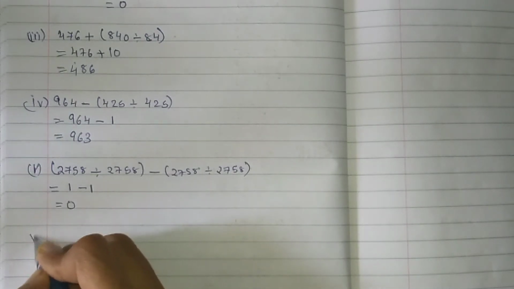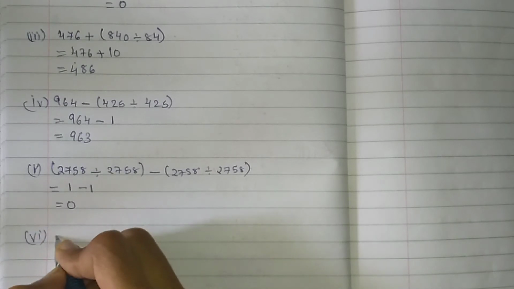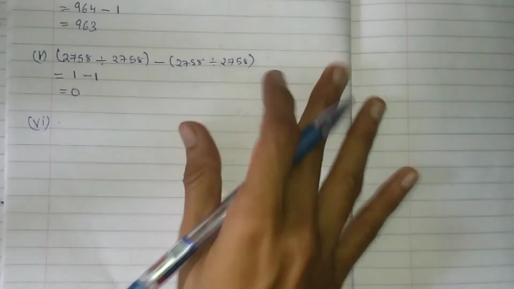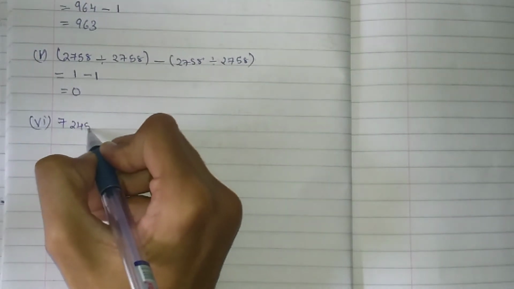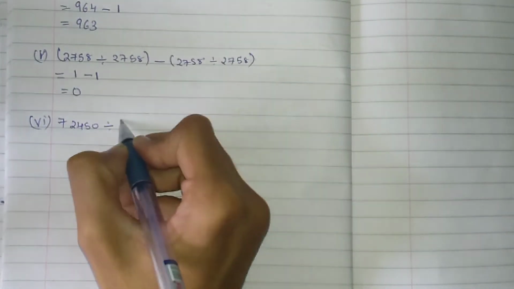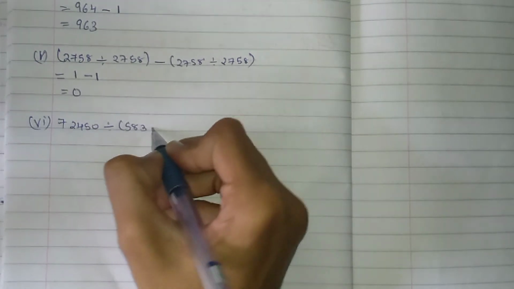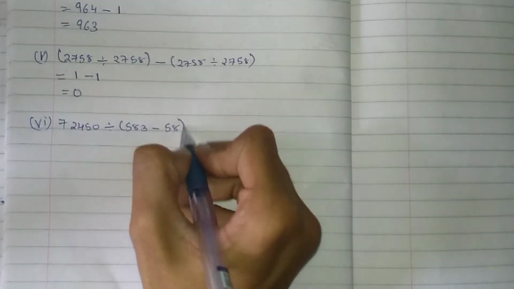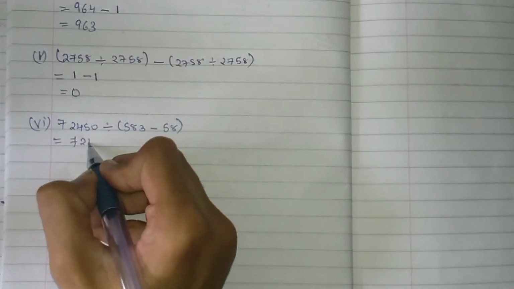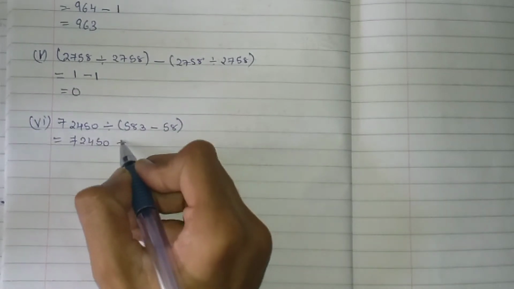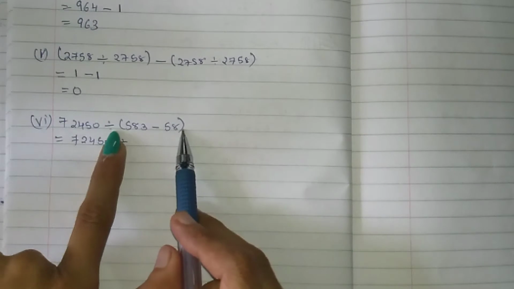Now last one, 72450 divided by 583 minus 58. Here 72450 divided by, first we'll solve the bracket.